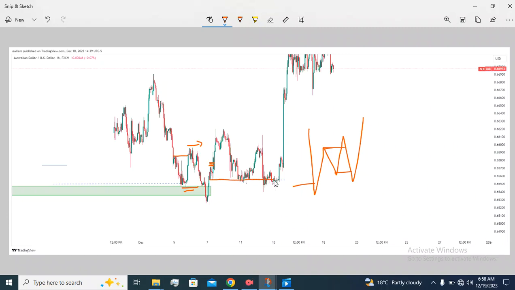Set your buy order here, and you ride this market to the potential target, which was around here, smashed. But overall, on the longer term, on the bigger picture, we're expecting to take this high here.